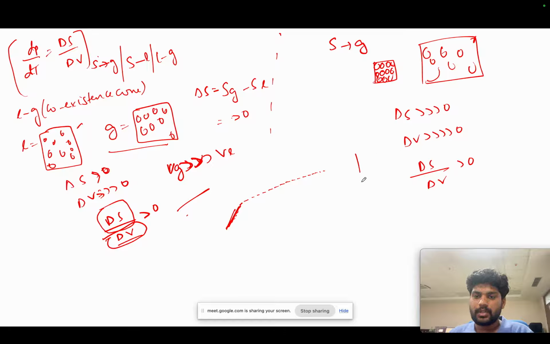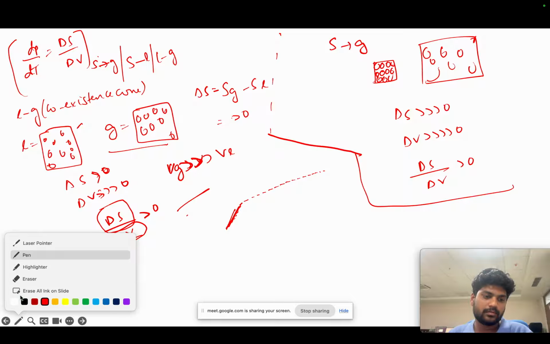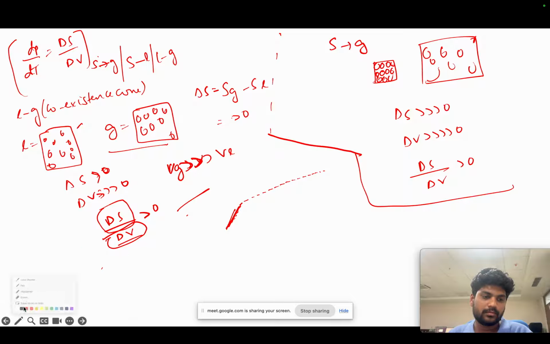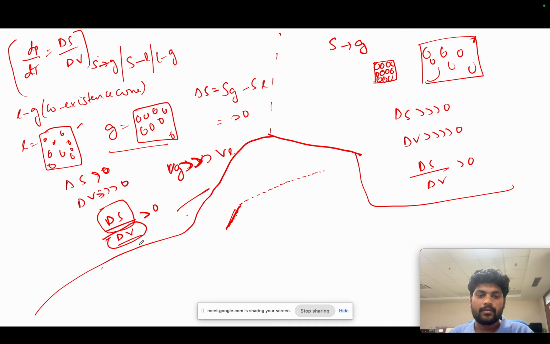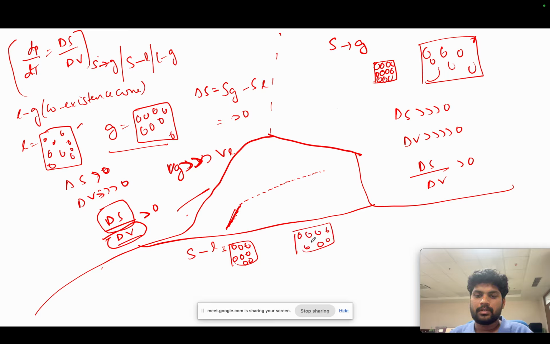When we come to the solid to the liquid, it is tightly packed, and the liquids are freely disordered. Here you can see delta S is greater than 0 but not much greater than here, and delta V will be greater than or equal to 0.